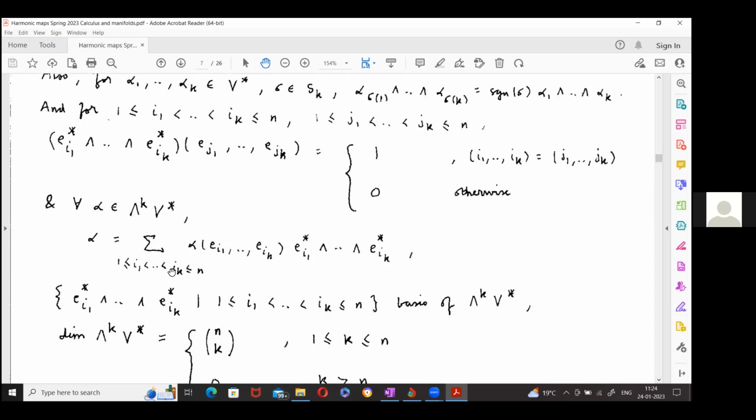So any alpha is equal to the sum over I1 strictly less than up to Ik of alpha of Ei1 to Eik times Ei1 star wedge Eik star. How do you see this representation? Well, you just apply both sides to any k tuple of basis vectors in increasing order, Ej1 to Ejk. Both will take the same value on Ej1 up to Ejk by this property here, right? Only one of the terms on the right-hand side will be non-zero. All the other terms will be 0.